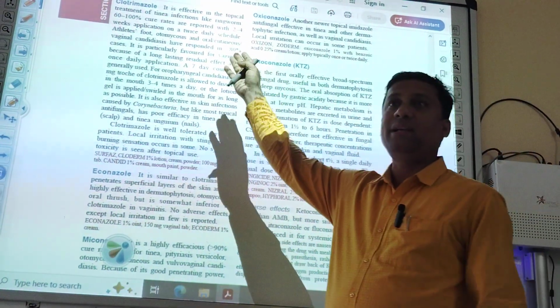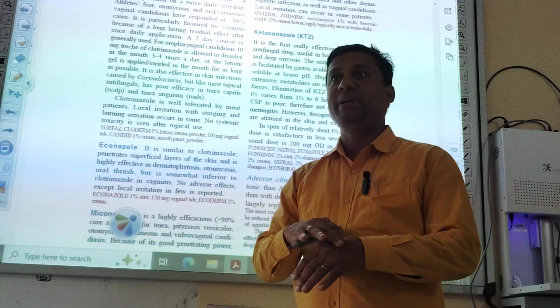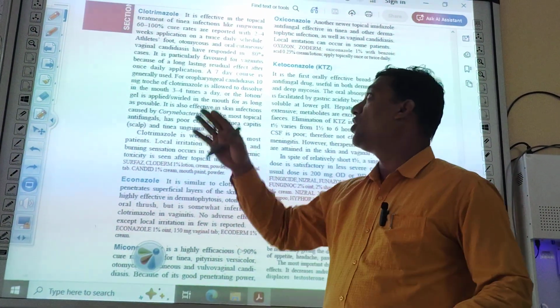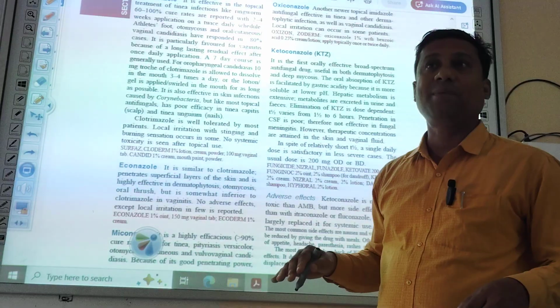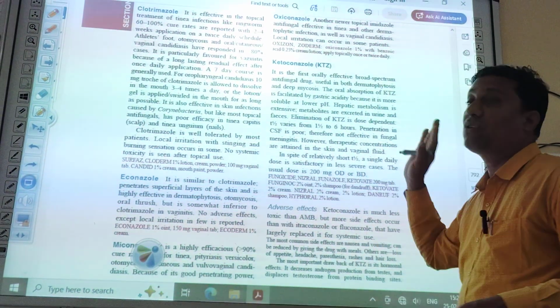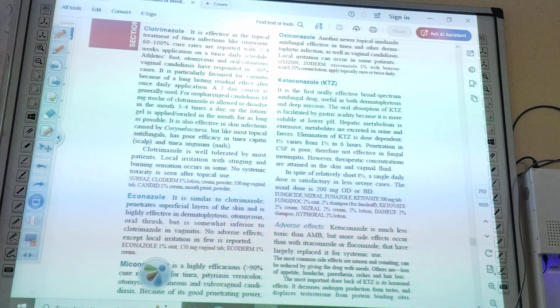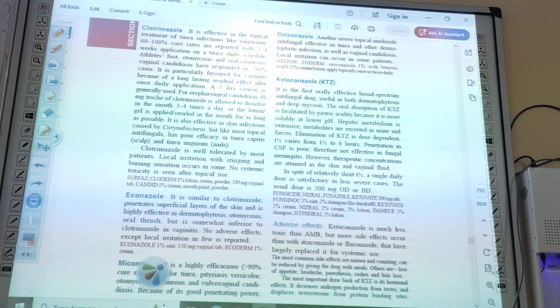Clotrimazole is available in topical forms, lotion, liniment, cream, but not in oral form, whereas ketoconazole is available in oral form. We can take it in tablet and capsule form.